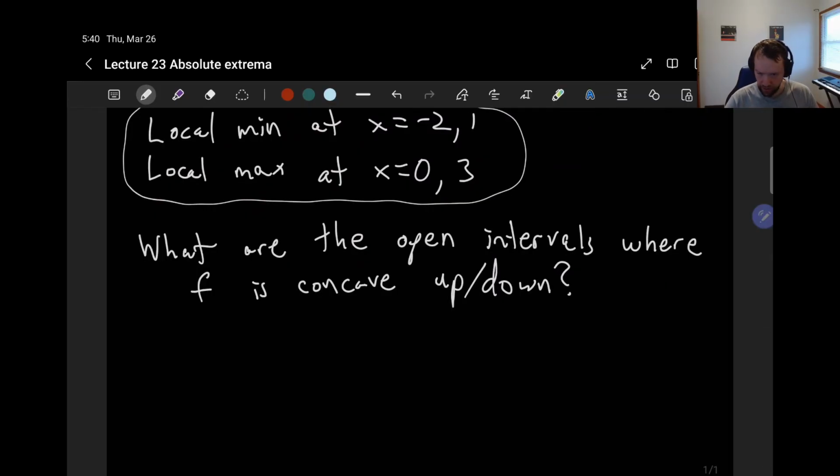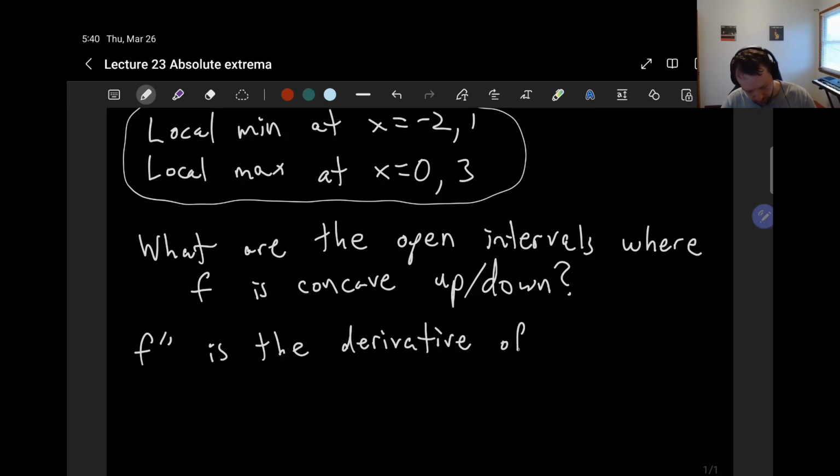Remember, f double prime is the derivative of f prime. So where f double prime is positive, that means f prime is increasing.